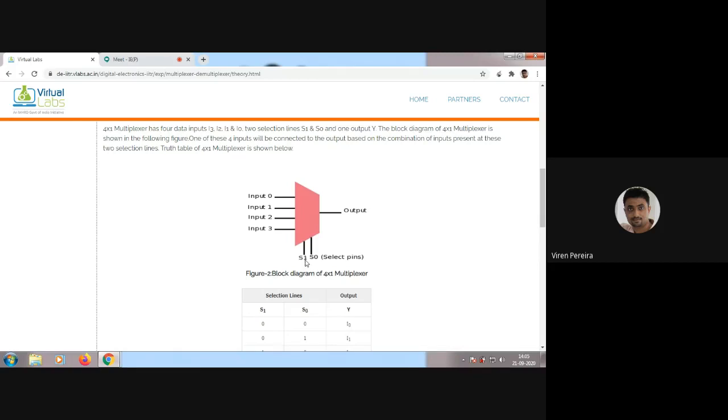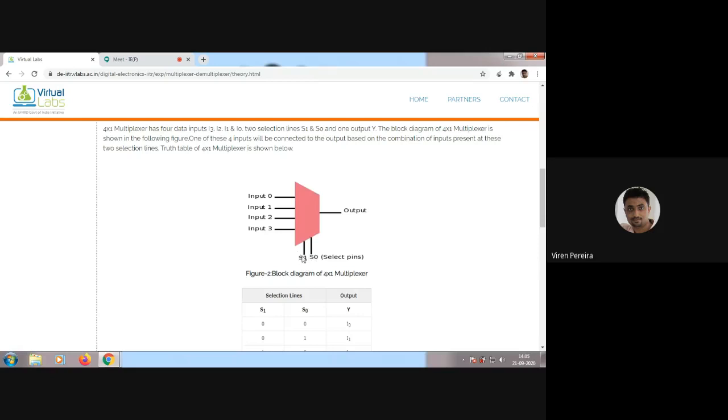Now let's say you have only 2 pins. So basically you can only control the output of those 2 pins. But say you want a variety of response to go to your output, but you have only 2 pins. So what I can do is take S1 and S0.